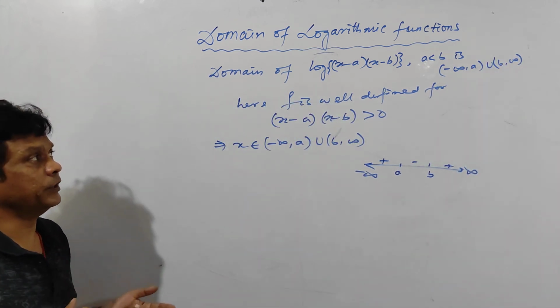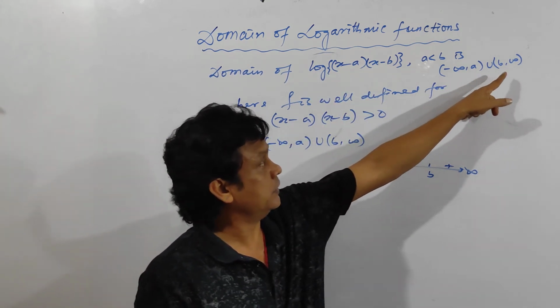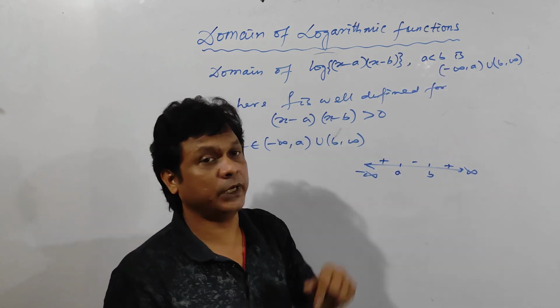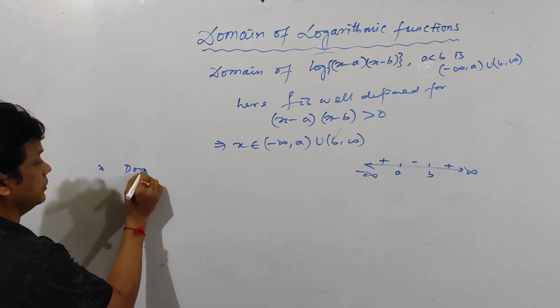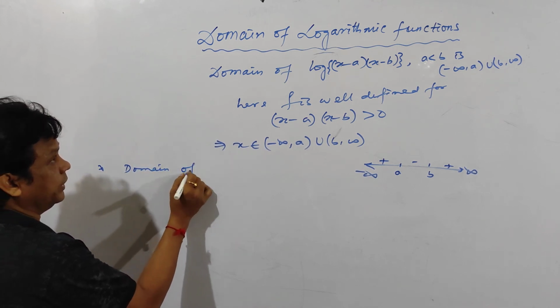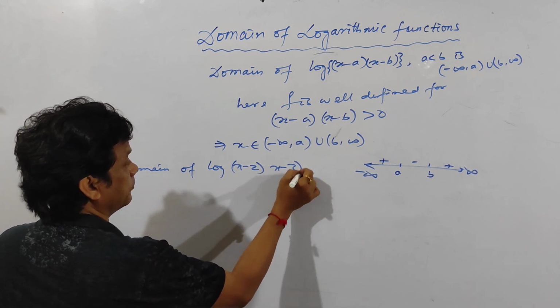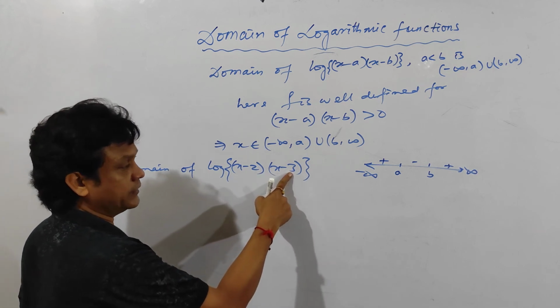Clear? That means you should remember, if the sign of x square is positive, then you should write like this, and if the sign of x square is negative, then you should write open interval a, b. Clear? I am giving some examples. Domain of log of x minus 2 into x minus 3. The smaller one is 2 and the larger one is 3.